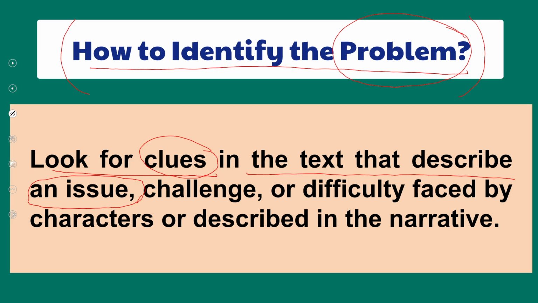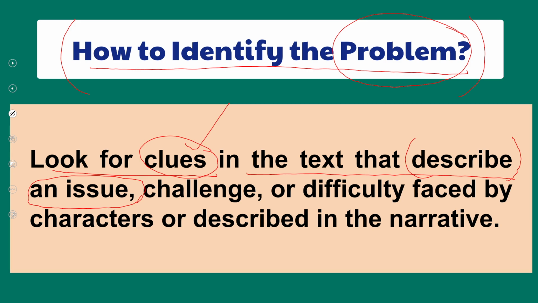Most of the time, the starting line of the text says something like corruption is an evil, so by this clue we can know the text is going to be about the problem of corruption. We can easily get to know that by looking for clues about what is described in a text.